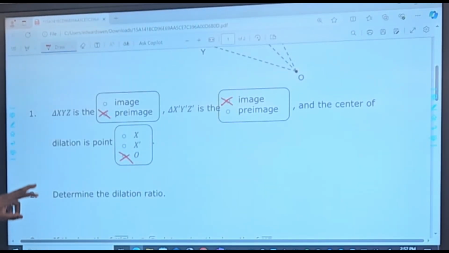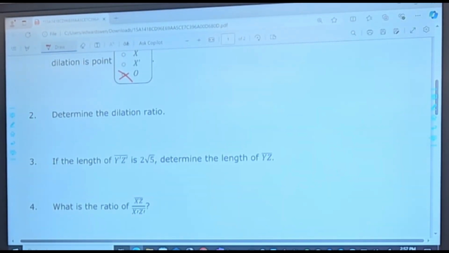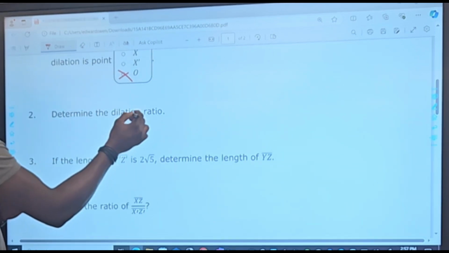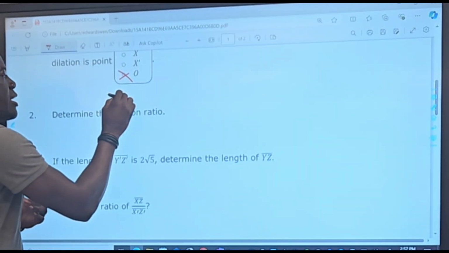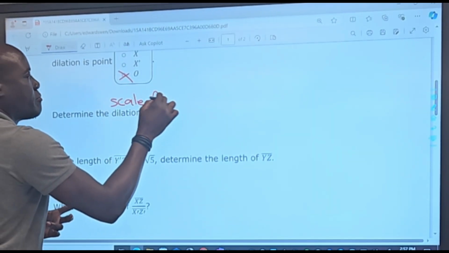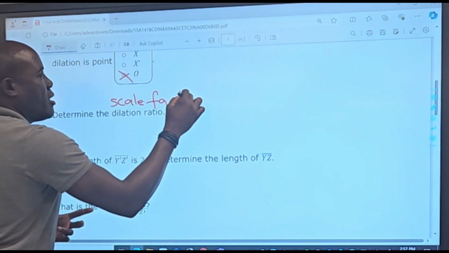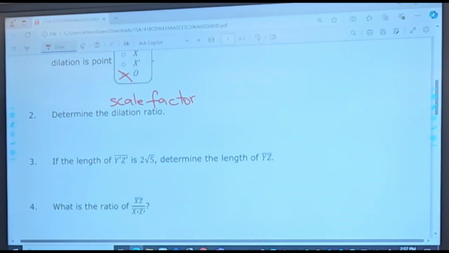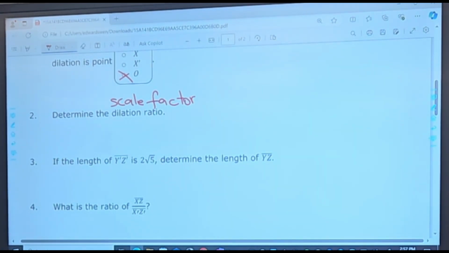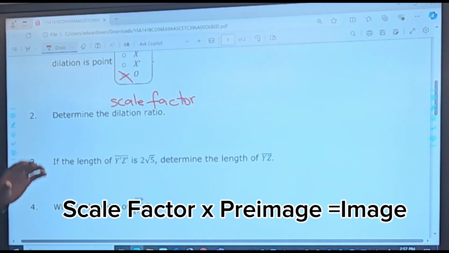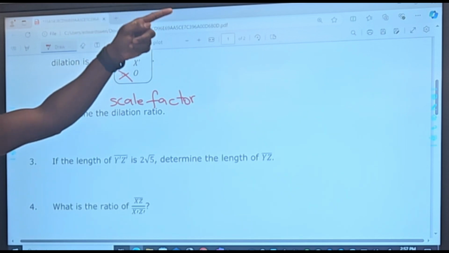So that's O. Now let's take a look at the ratio for the dilation. The dilation ratio, we could put scale factor here. The dilation ratio is also the scale factor. It is that number that is used to multiply your pre-image to produce the image.